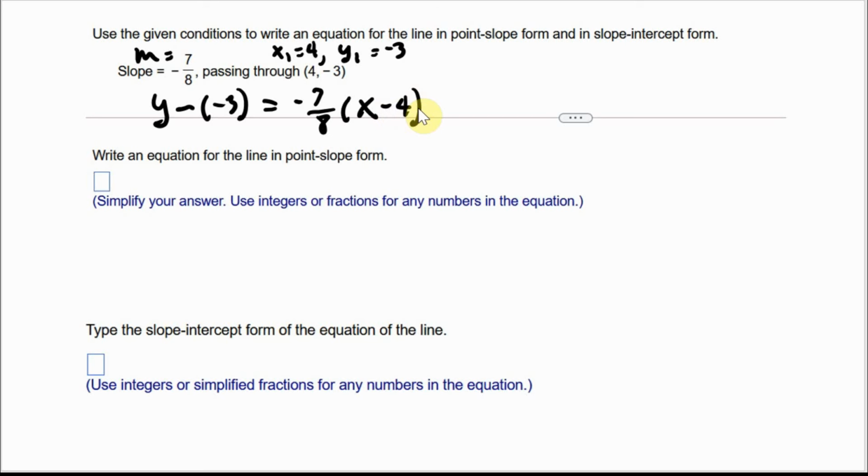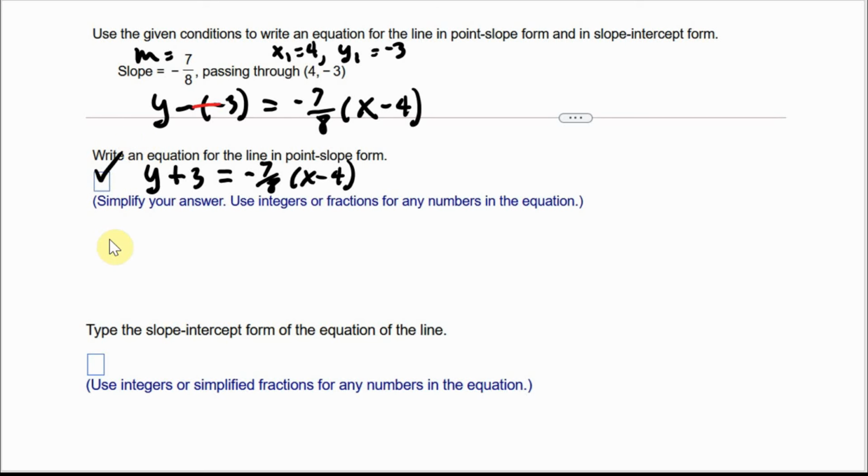We're going to simplify that for the computer. So this is y minus a minus is plus. So this is y plus 3. I think it was one cool teacher that said, just draw a line there and you get the plus sign. I thought that was pretty neat. So this is equal to negative 7/8 times x minus 4. That's all you need there for this part.